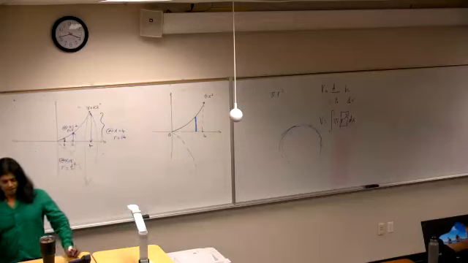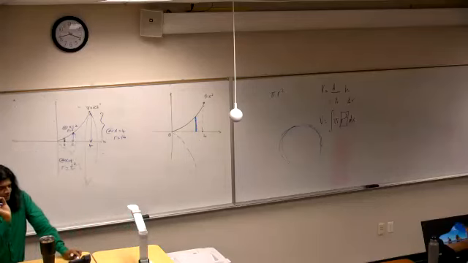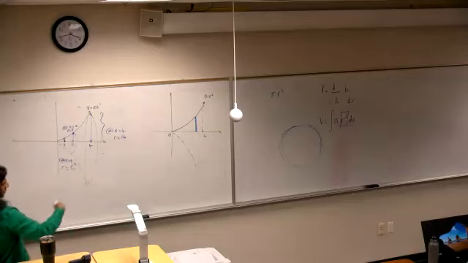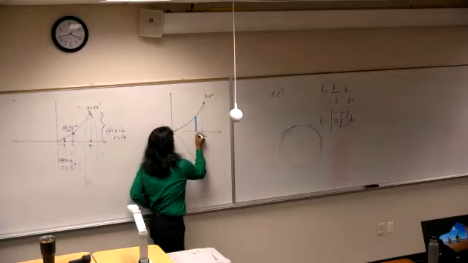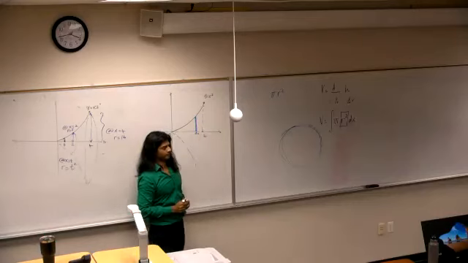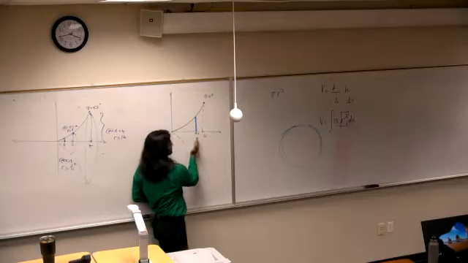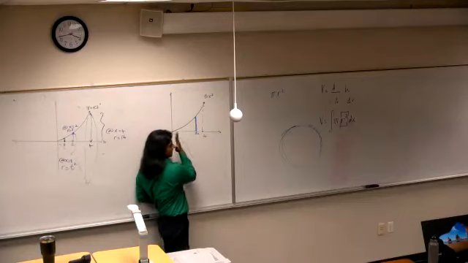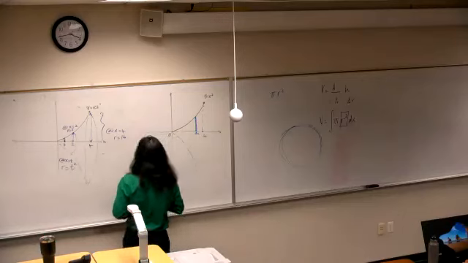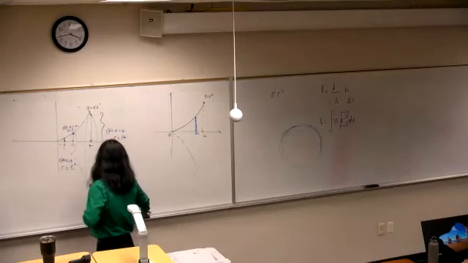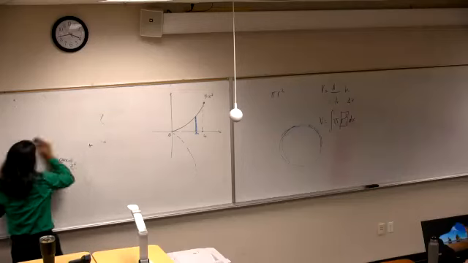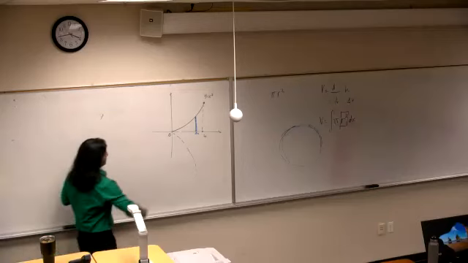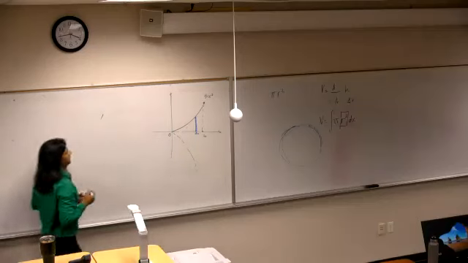I'm not drawing just a line, rather I'm drawing a thin strip to indicate that is the thickness of that cross-sectional disc. With me? So, for that dx, going to move this along that curve. So, y is equal to x squared. Erase this part. Okay. The radius is going to vary with respect to that function.